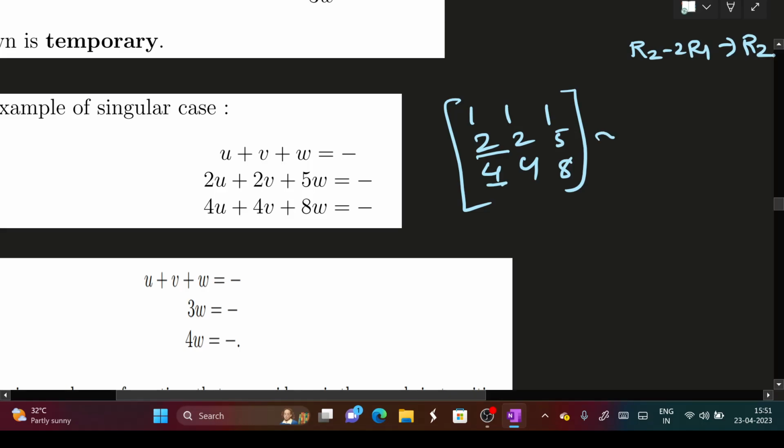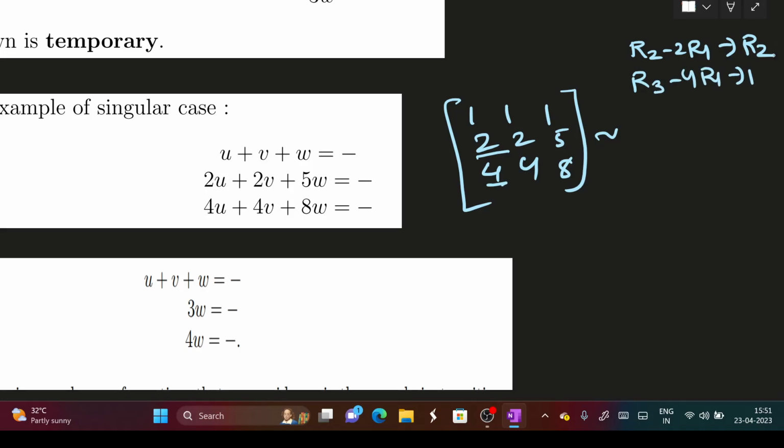Similarly, R3 minus 4 R1 stored in R3. So what I will get? 1, 1, 1, 0, 0, 3, 0, 0, 4. So here one can observe that the second pivot is again missing.